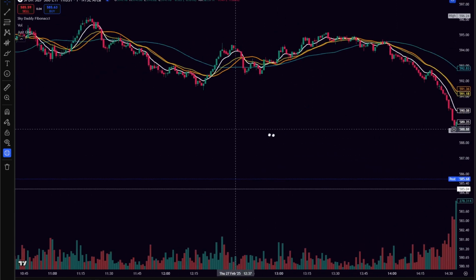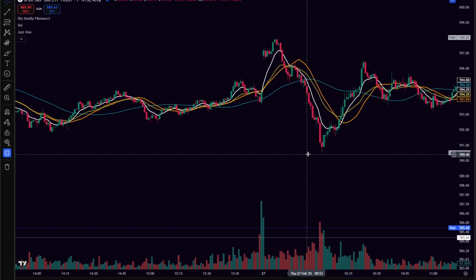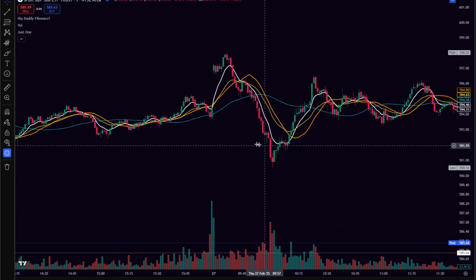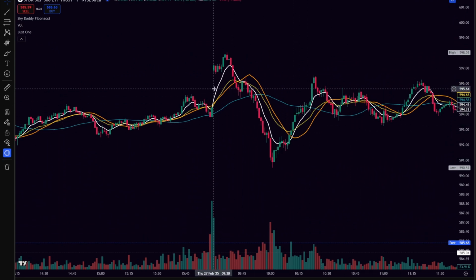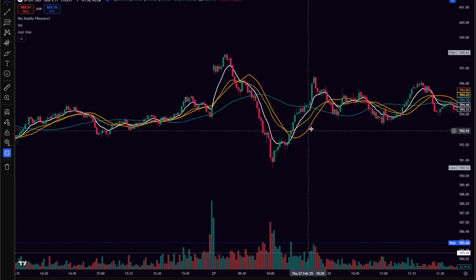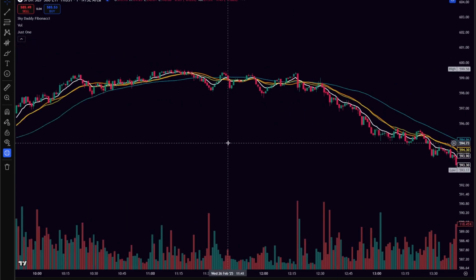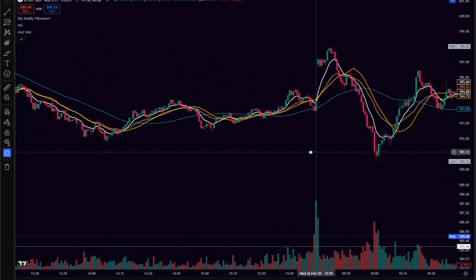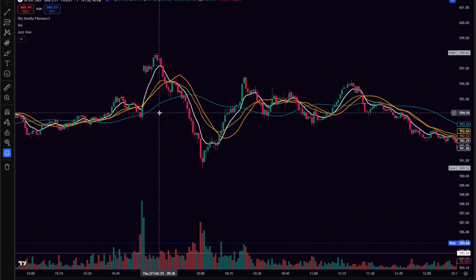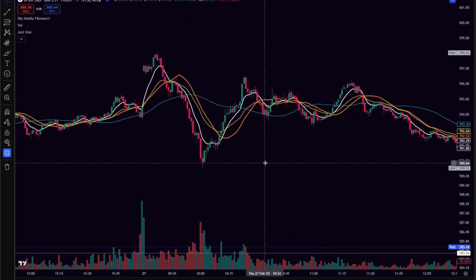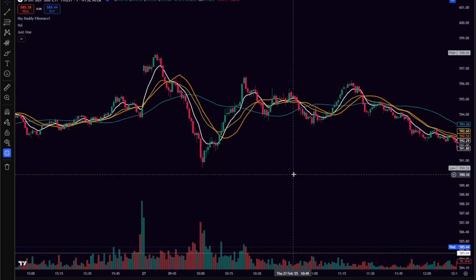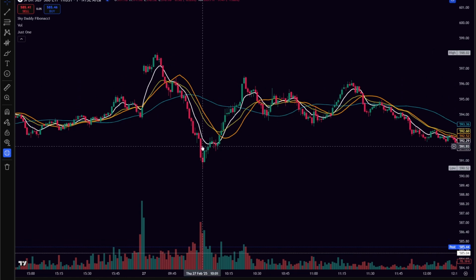On the opposite side, you would have the opening gap run up. That's a good question. I don't usually play that. Like today, we kind of just filled the gap here. I don't like trading the first half hour of the day, because I like price to form some type of pattern or structure I can go off of.